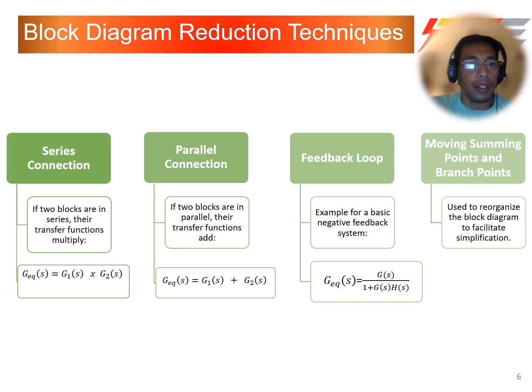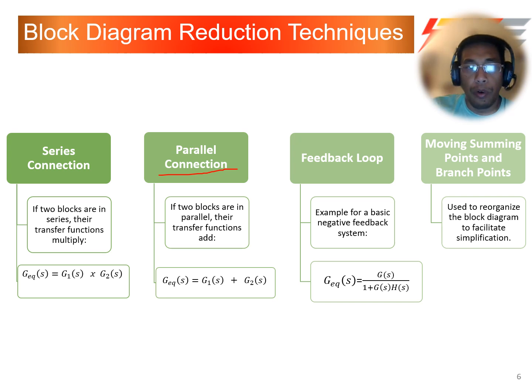For instance, if you have a series G1 and G2, the equivalent of those blocks is G1 multiplied by G2. If the blocks are parallel, then the two blocks will be added. So in this case, if you have two blocks G1 and G2, the equivalent is G1 plus G2.